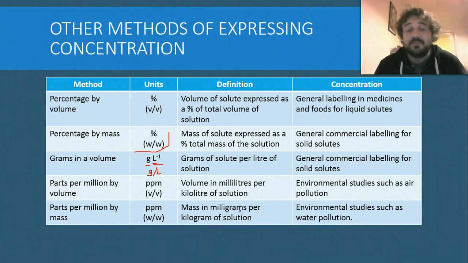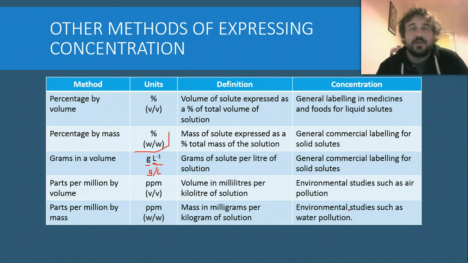Now, parts per million by mass is milligrams per kilogram of solution. Okay, so kilogram, milligram, put them in. There we go. So, environmental studies such as water pollution, when we're talking about solids that have been put into the water. When mercury goes into water, it goes in as mercury chloride, which is a solution that's washed in there.